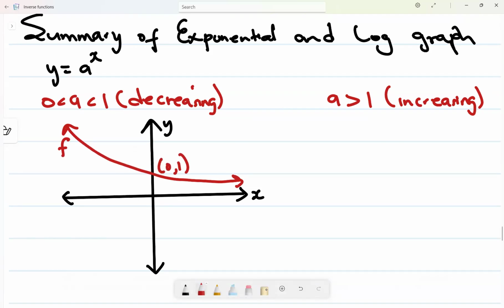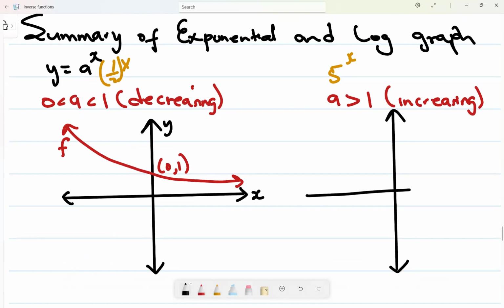Then I come here and say, what about when a is greater than 1? Meaning something like 5 to the power of x, while here it is maybe something like half to the power of x, or whatever fraction to the power of x. Let me draw my axis, y and x.